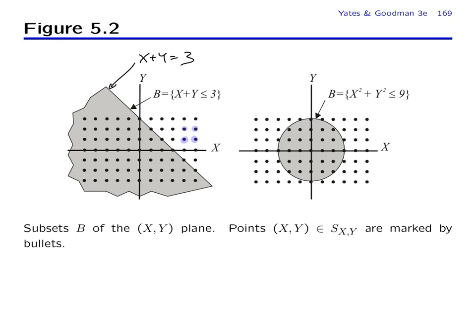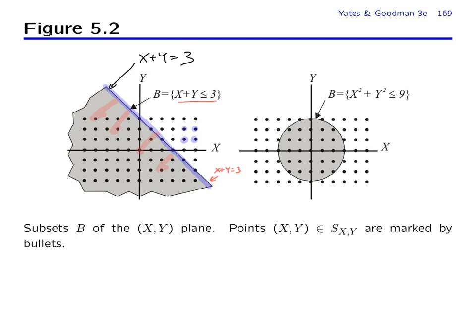So that event here is the line x plus y is equal to 3. And then the event that x plus y is less than or equal to 3 consists of all of these points in the gray area.